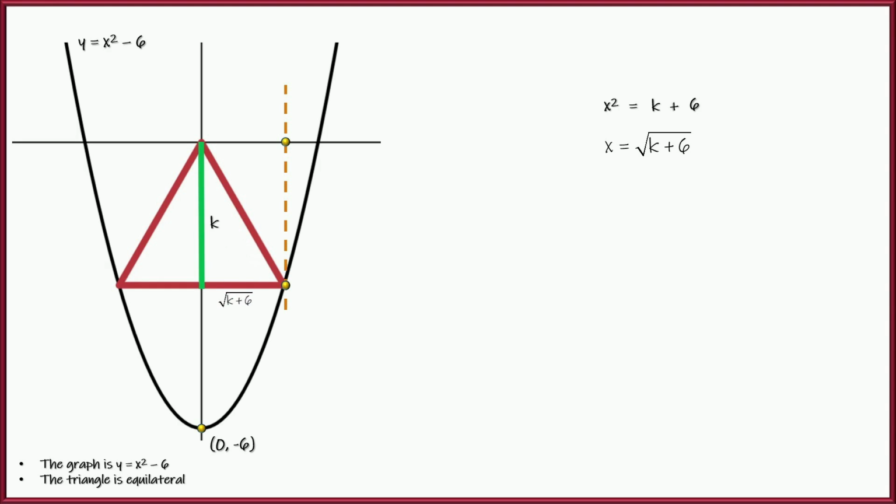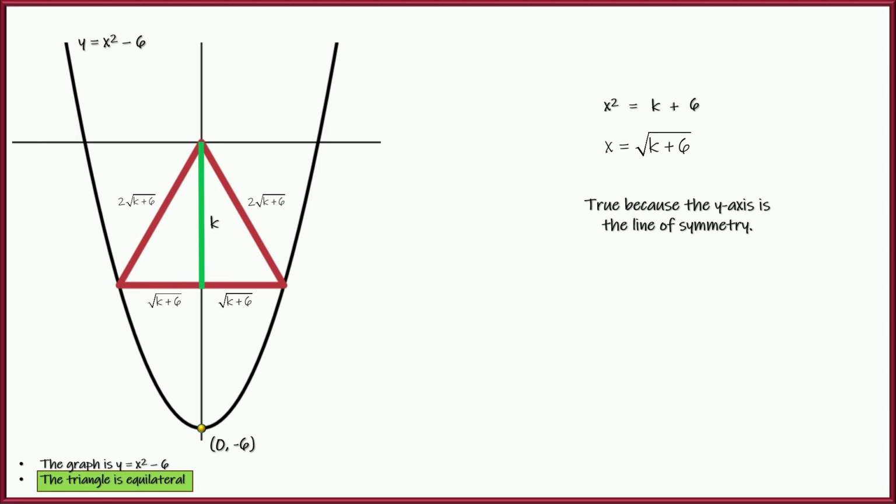So that means that half of the horizontal base of the equilateral triangle is the square root of k plus 6. So the other side is also the square root of k plus 6 because of the line of symmetry, and that means all three sides are 2 times the square root of k plus 6.